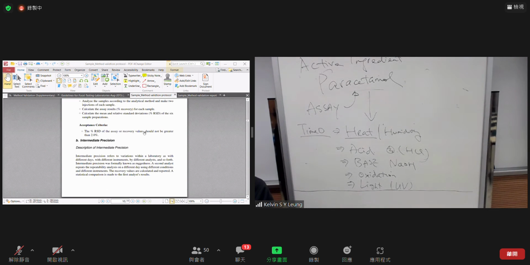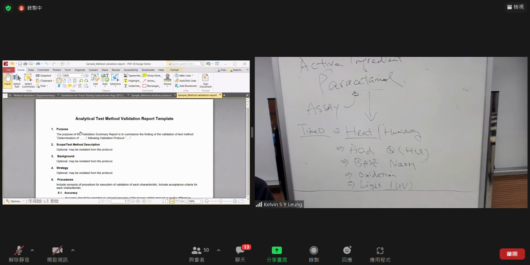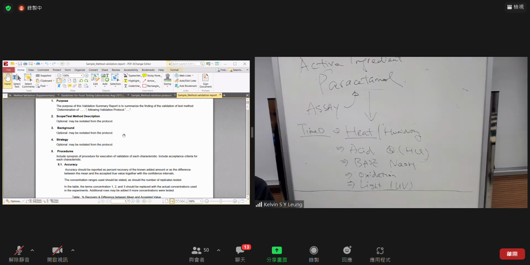So this is the protocol idea for you, and the other one is the report. What's the purpose of the report? The purpose of the report is to be sure that certain things have been validated and can be used in your routine.